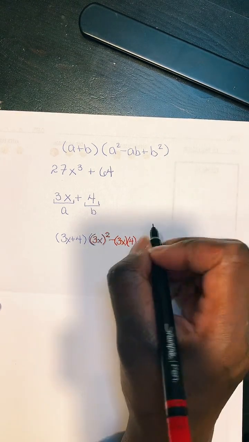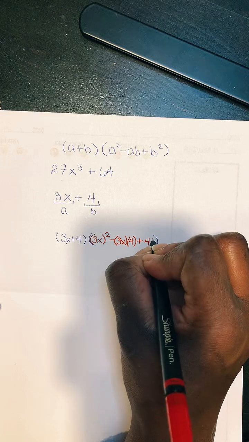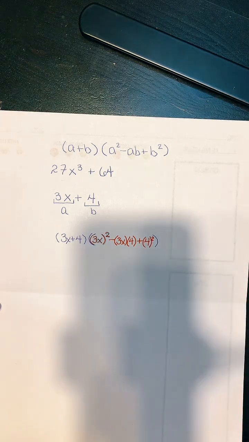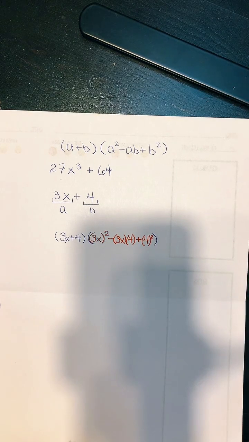Our b is 4, so we're going to square it. Times 4, yep, plus 4 squared. Good, Amber. There we go. Thanks, Moody. All right, yes, that middle term will be 12x. Good.